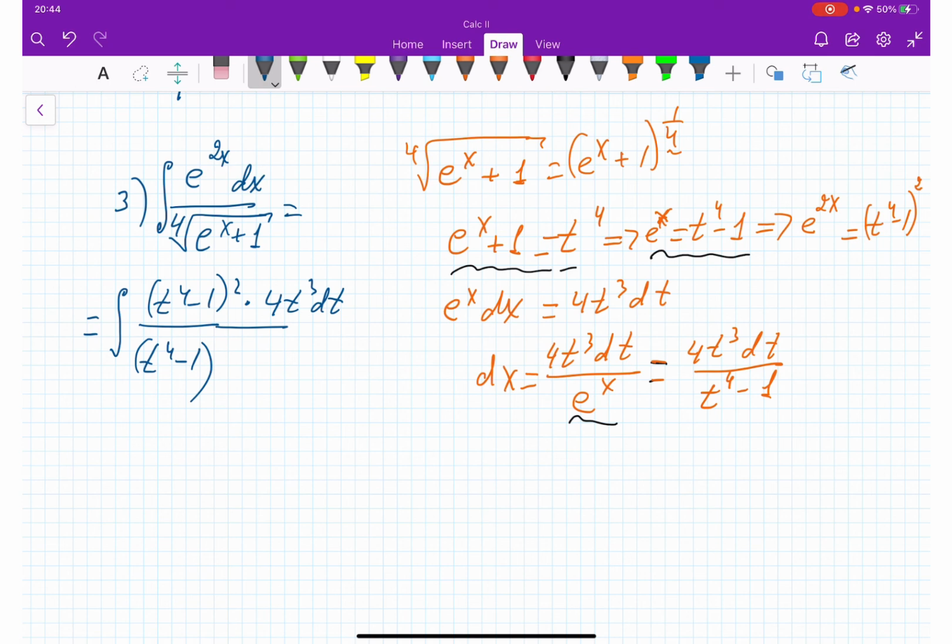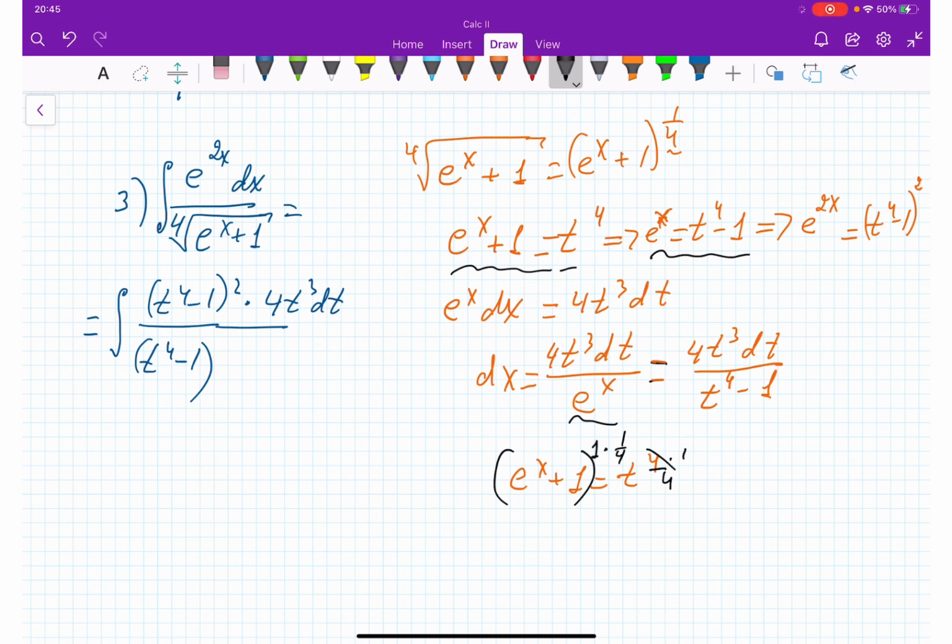If e to power x plus 1 is equal to t to power 4, then we need to raise to the power 1 over 4. I multiply the degree 4 by 1 over 4, correct? And we get e to power x plus 1 to power 1 over 4 is equal to t. 4 over 4 is gone, so we get clearly t.